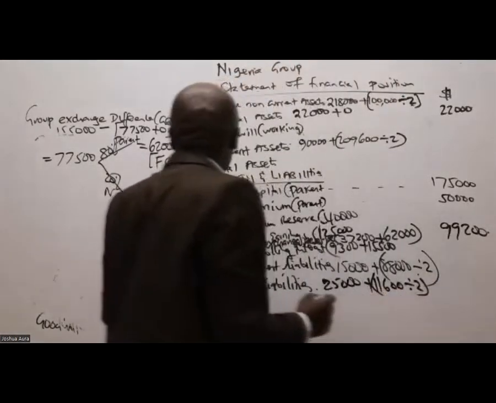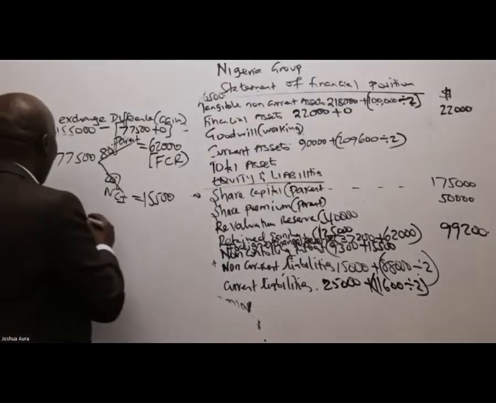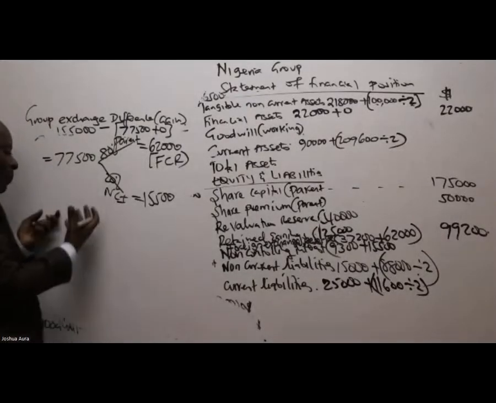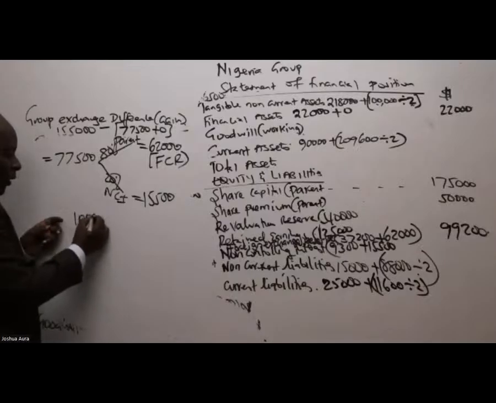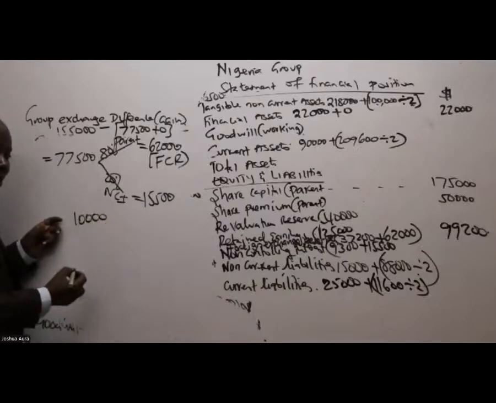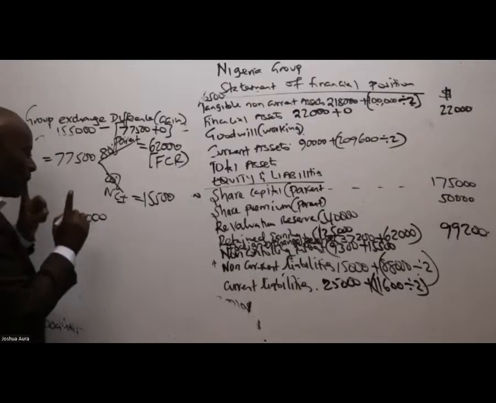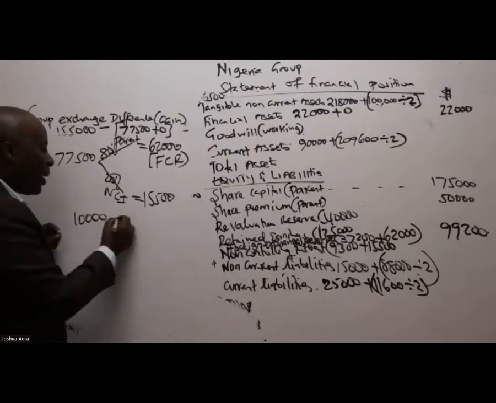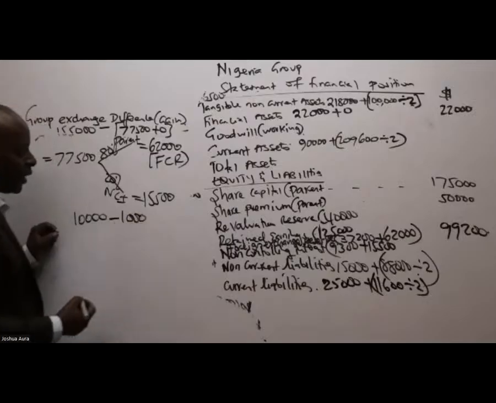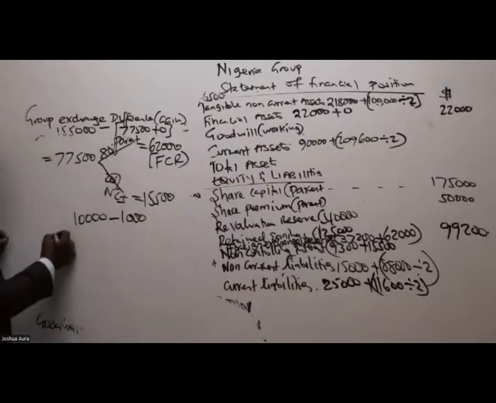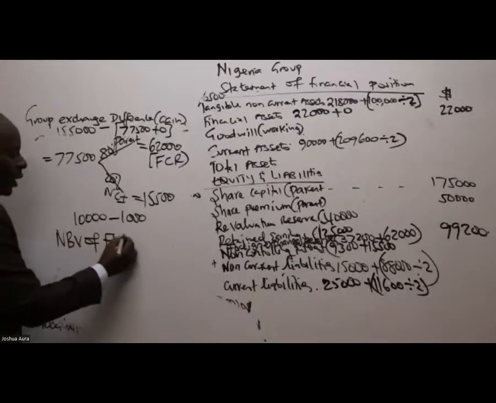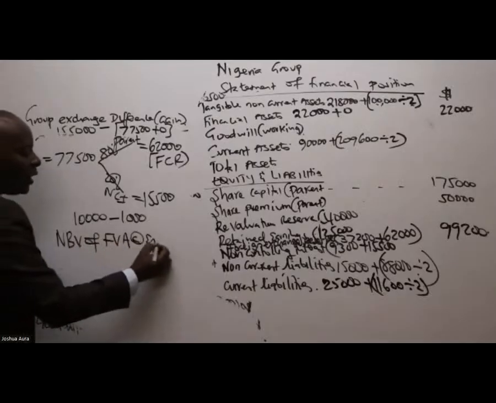This fair value adjustment, ladies and gentlemen, remember at acquisition, we did a revaluation upwards of how much? Of 10,000, right? But remember that there was depreciation over 1,000. So then what is the net book value of this fair value adjustment at the end of the year?